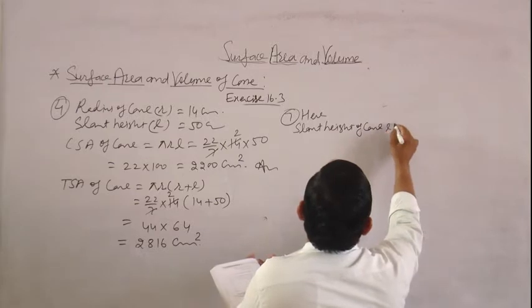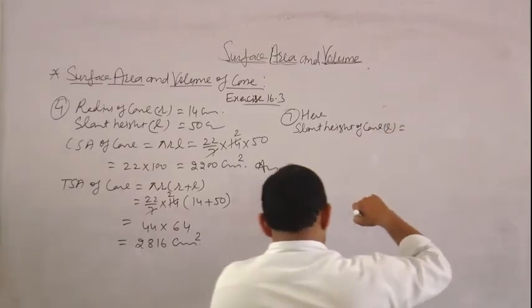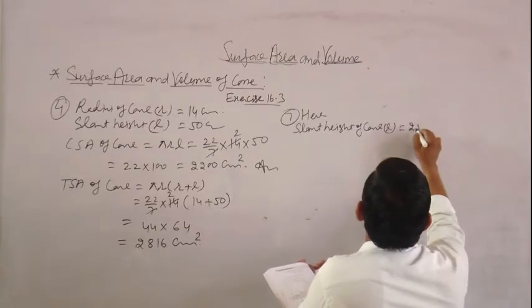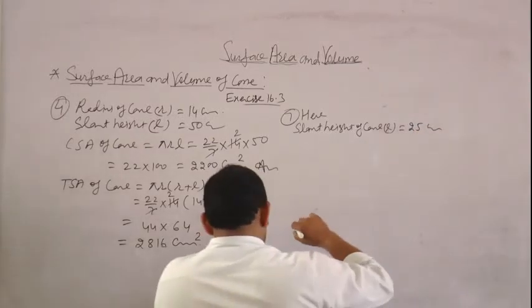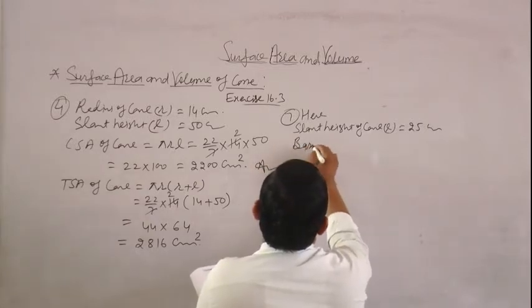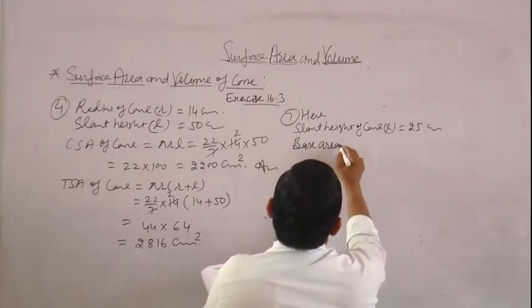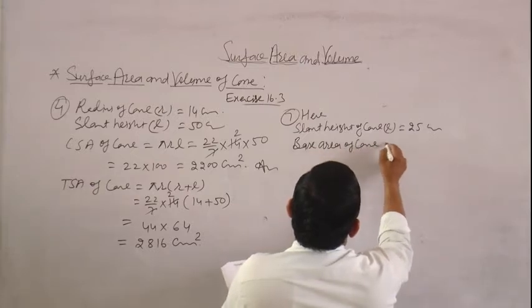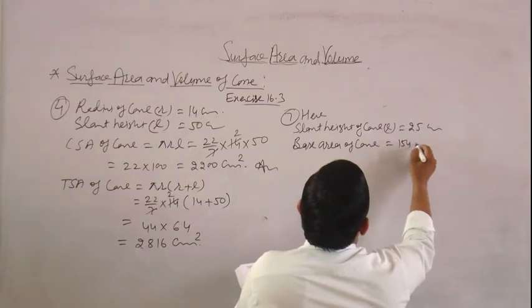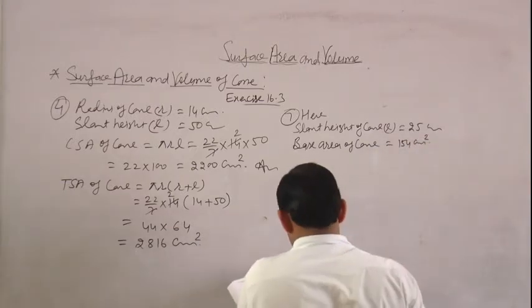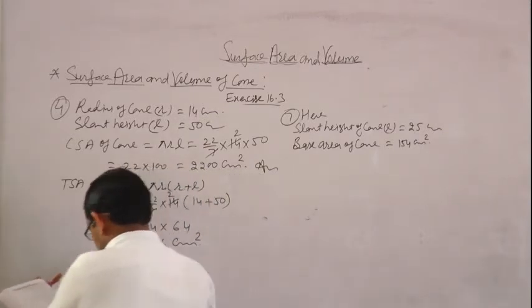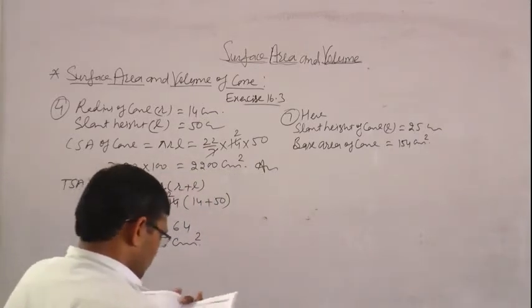Slant height of cone is 25 centimeter and base area of cone is given, 154 centimeter square. Find the height of right circular cone.